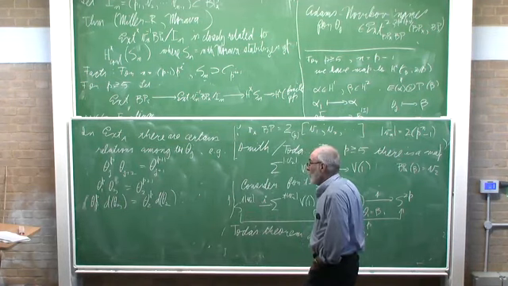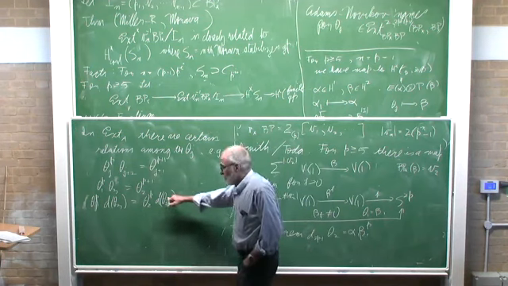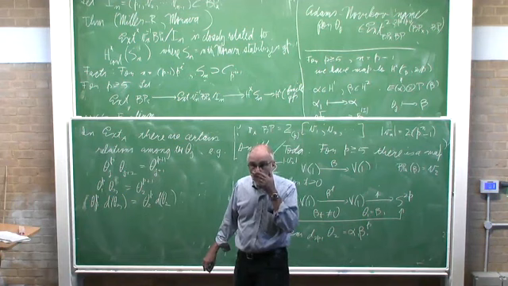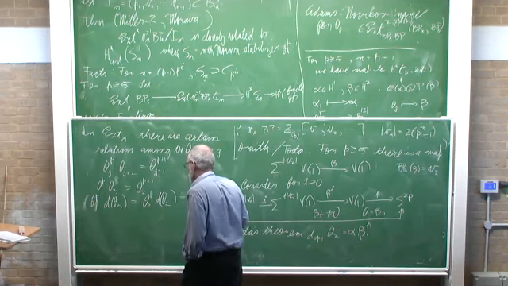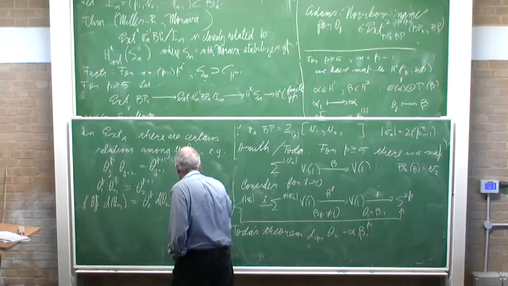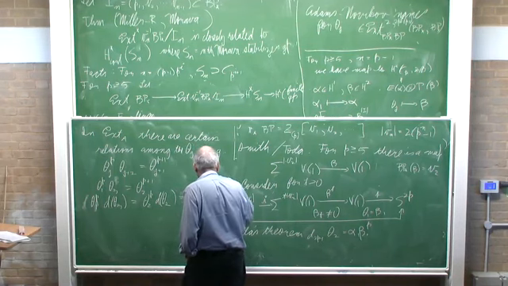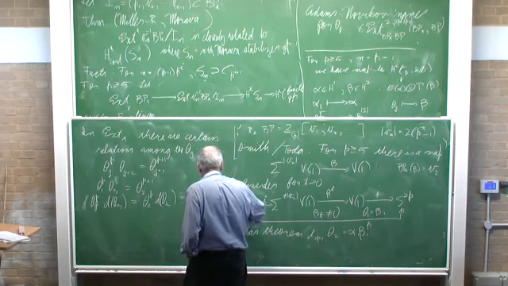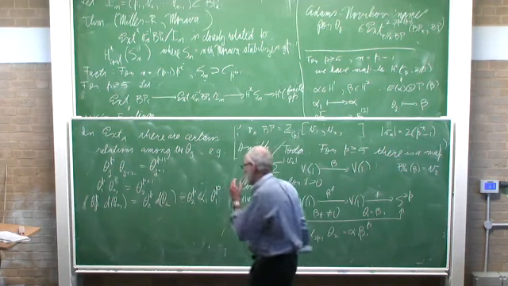Now, d of theta 2 was the subject of Toda's theorem. So, okay, we know what this is. We know it's that.